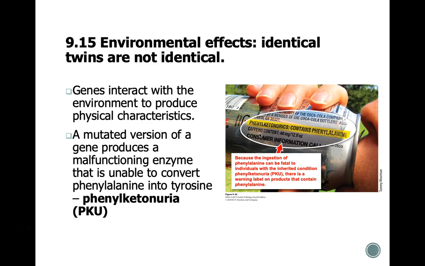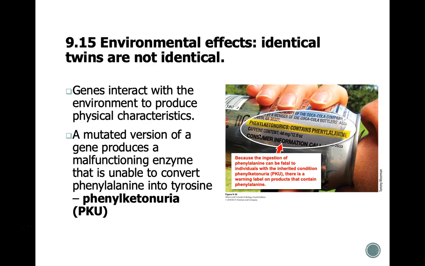So an individual who is homozygous recessive has a complete inability to do this conversion. Little by little, individuals consume phenylalanine and it builds up in their bodies. Within a few years, this accumulation of phenylalanine can reach toxic levels and basically poisons the brain. It can lead to mental disability and some other health problems.